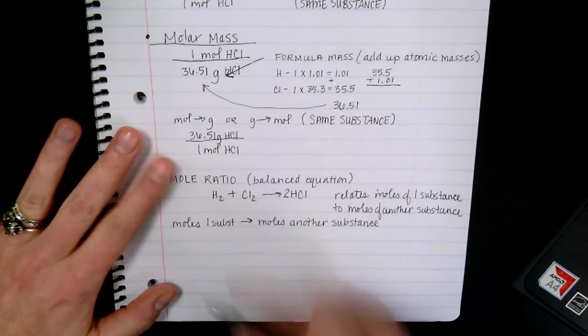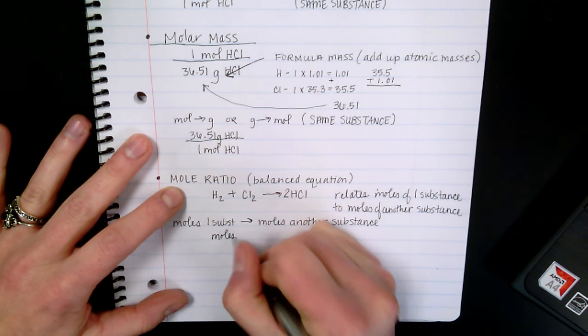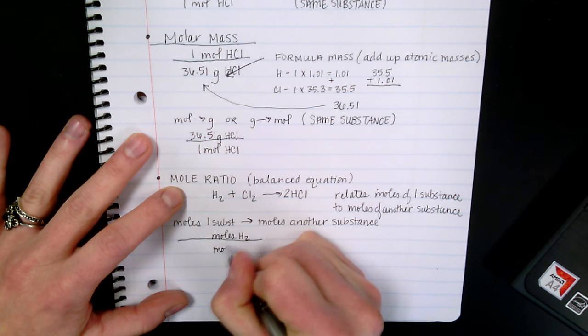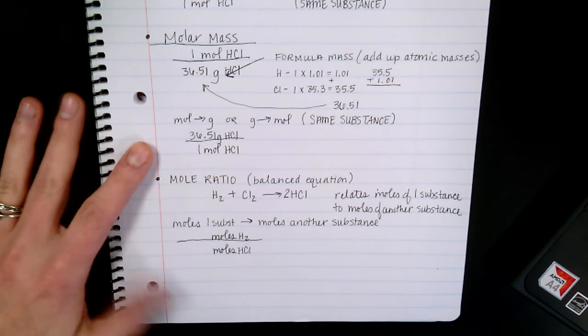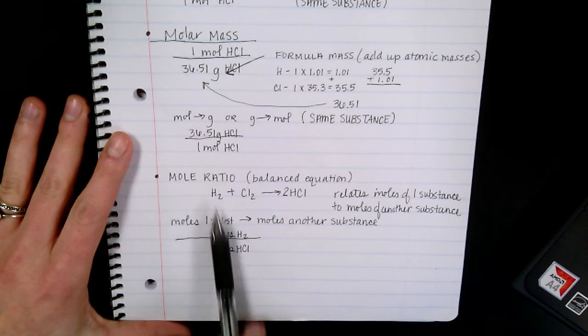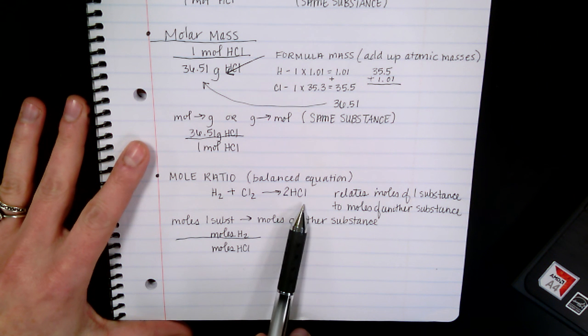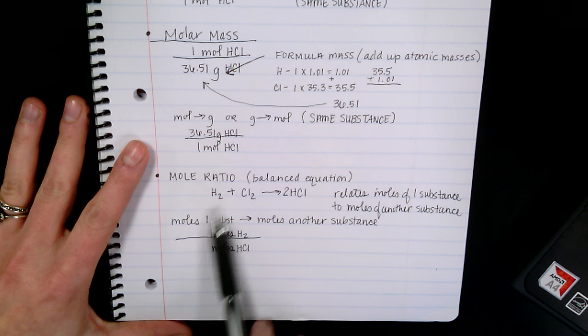So for this, let's say we want to compare moles of H2 to moles of HCl. All you're going to do is look at your balanced chemical equation, and look at the coefficient that's in it, and that's what your mole ratio will be.